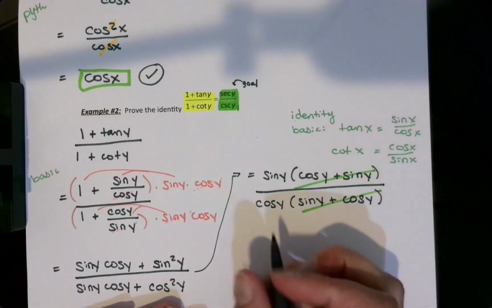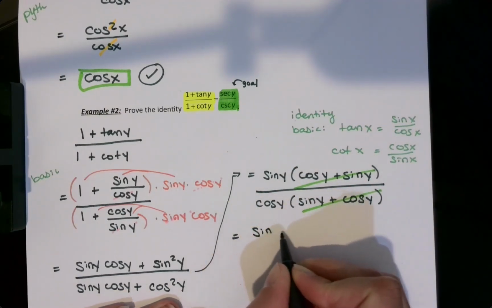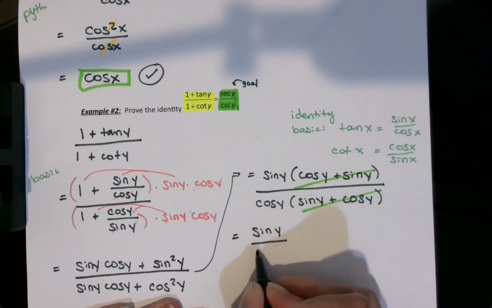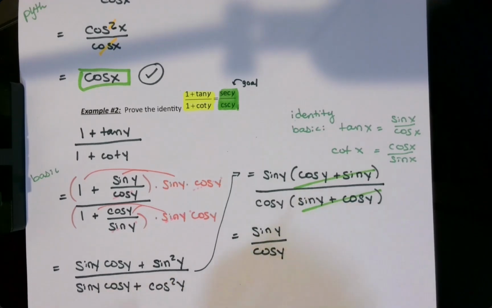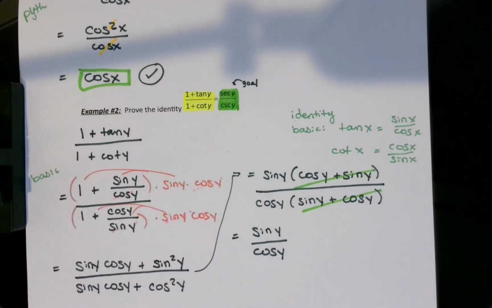So again, that's just an algebraic step. Those reduce. And so what I end up here is sine of y over cosine of y. Now, that's not what I want, but I'm going to look for clues. What I want is the secant of y over the cosecant of y. So let's try to use reciprocal identities here.